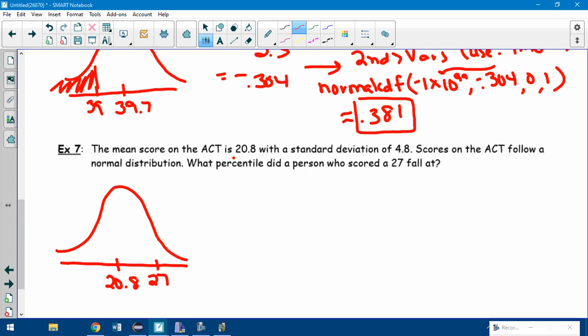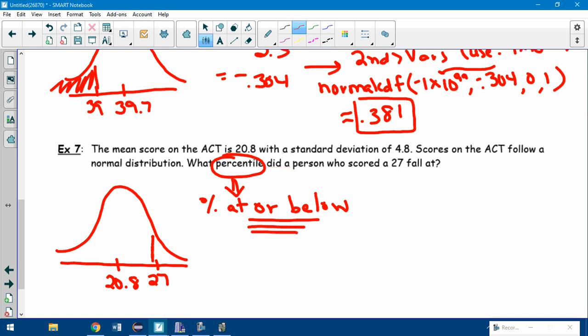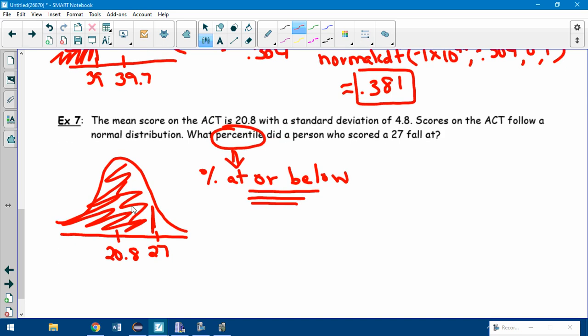And what am I going to shade if I want to know percentile? Well, what phrase are you supposed to think of with percentile? Percents at or below. That's why I told you at or below is important to remember. So go to 27 and shade everything at or below. That's what I'm trying to find. So now this turns out to be a normal type problem.